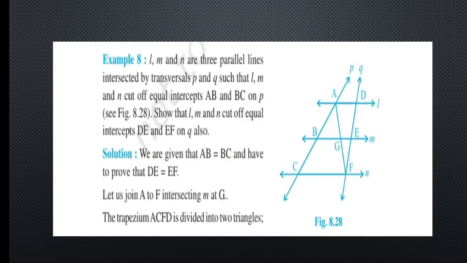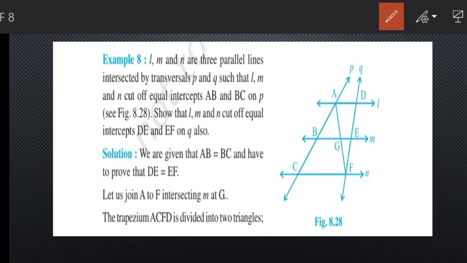Now the next sum: L, M and N are three parallel lines intersected by the transversal PQ such that L, M, N cut off equal intercepts AB and BC on P. Show that L, M, N also cut off equal intercepts DE and EF on Q. Here we are given that AB and BC are equal.